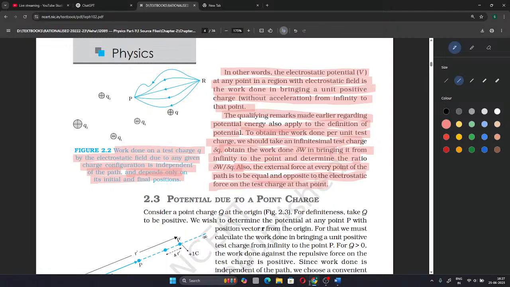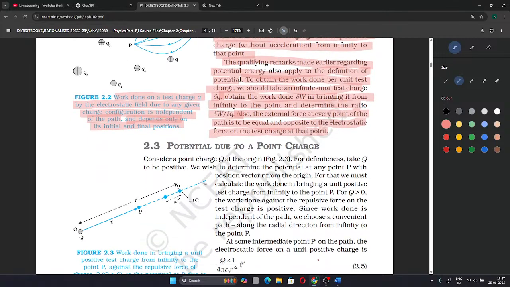The qualifying remarks made earlier regarding potential energy also apply to the definition of potential. To obtain the work done per unit test charge, we should take an infinitesimal test charge delta Q, obtain the work done delta W in bringing it from infinity to the point, and determine the ratio delta W by delta Q.